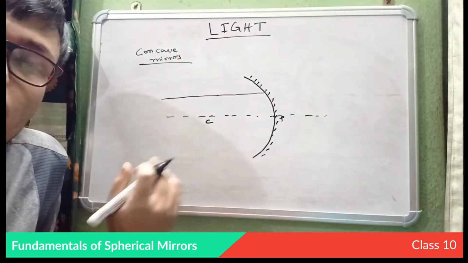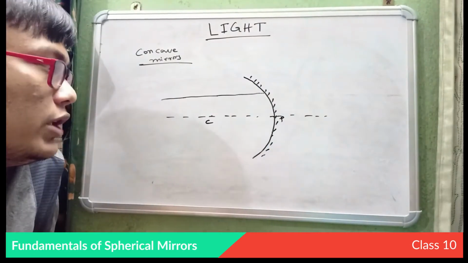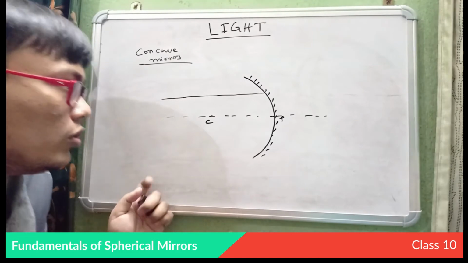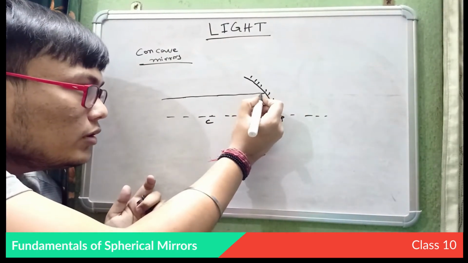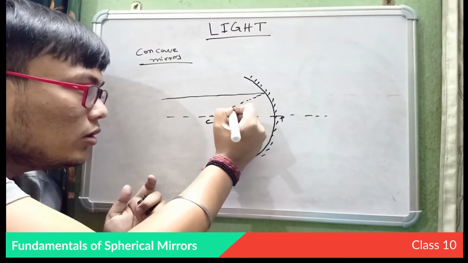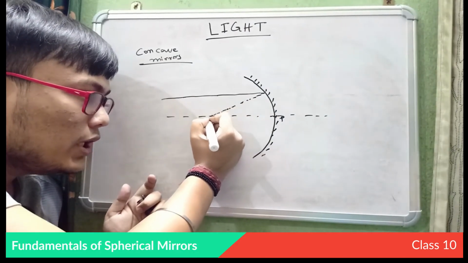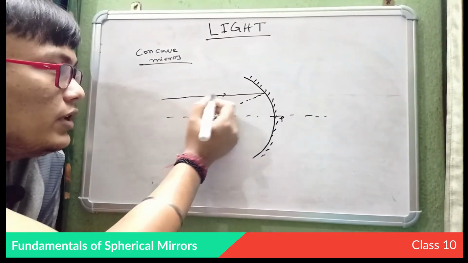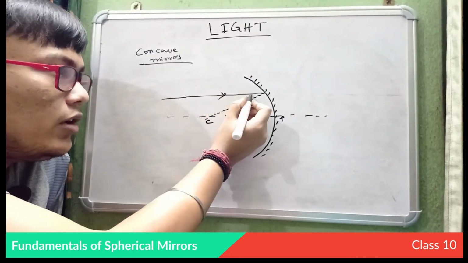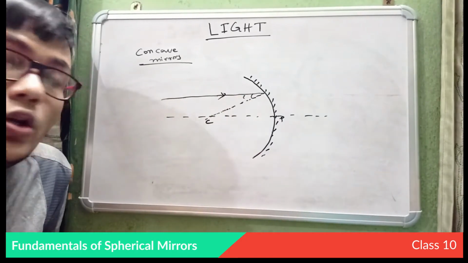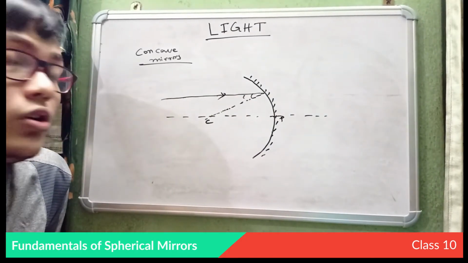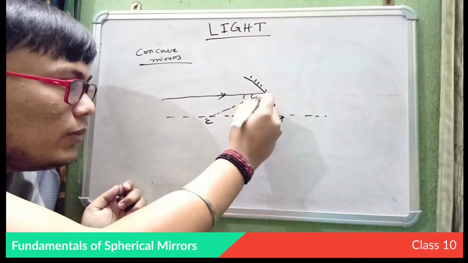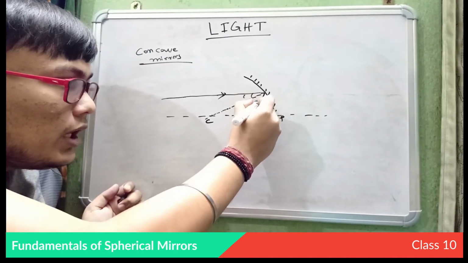I discussed that the normal to this point will be passing through the center of curvature, right? So the normal will be going through the center of curvature. So now we got the normal. Let's say the angle of incidence, first we need to give arrows, so let's say the angle of incidence is I. The angle of reflection based on the laws of reflection should also be I, right? So now this will be reflected with an angle I.